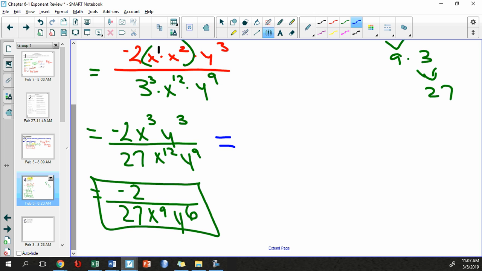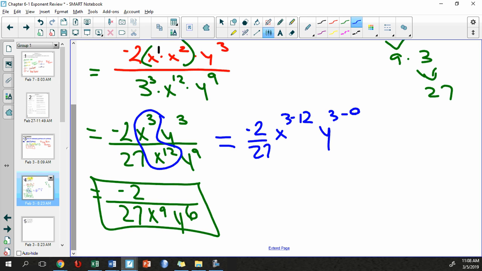Then use the rules. If you use the rules, you have negative 2 over 27, and then you have this problem right here, which means those are attached by division, which means you subtract the exponents. When you subtract the exponents, what that means is they automatically are in the numerator. Does that make sense? Yes?